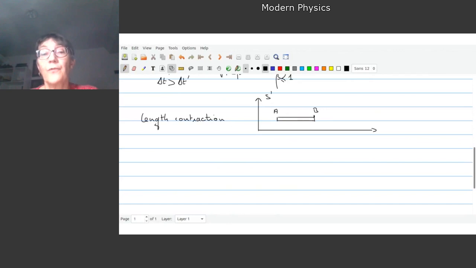And so this object of length L. What is the length of this object? You don't need a clock to measure it, but you need special marks, and you will write L prime, because it is in S prime, equal to XB minus XA.